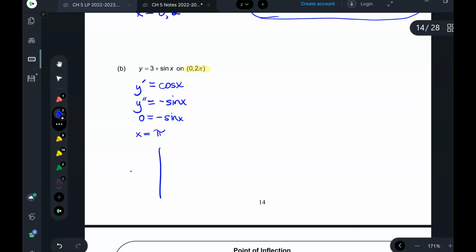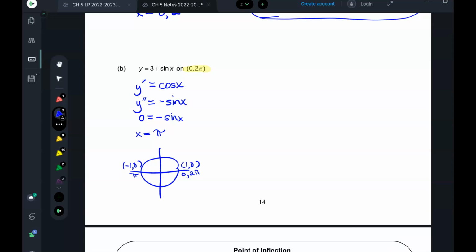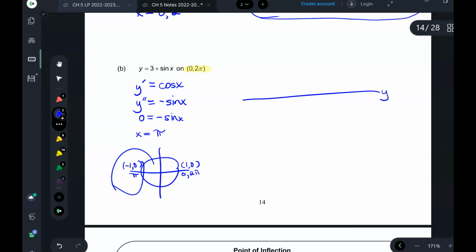Think about the unit circle, right? But we're not including the 0 and the 2 pi, so we just have pi here.